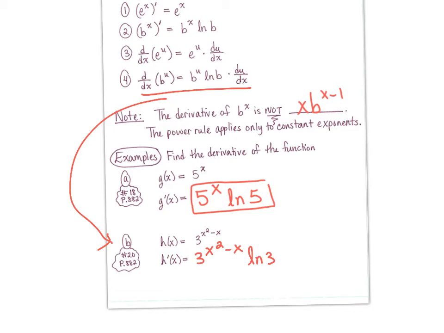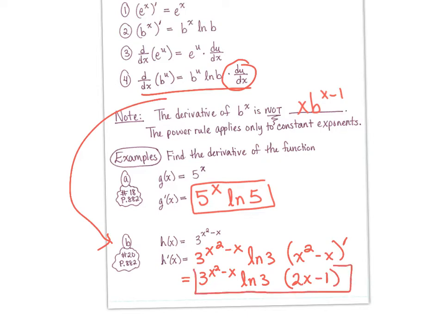But then we have to remember to multiply that by the derivative of u with respect to x, or in other words, u prime. Rewriting that, we get 3 raised to the x squared minus x times the natural log of 3, and then the derivative of x squared minus x is 2x minus 1. Okay, so this is our final answer.